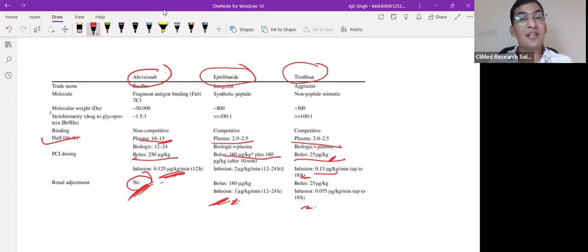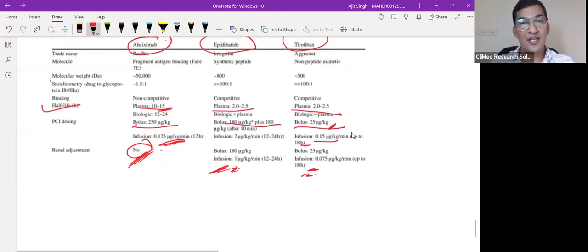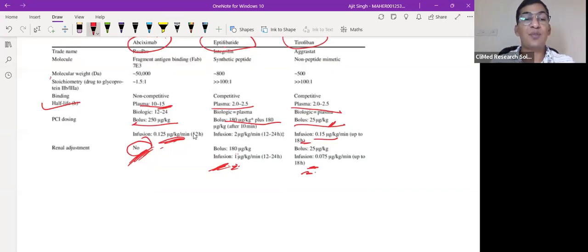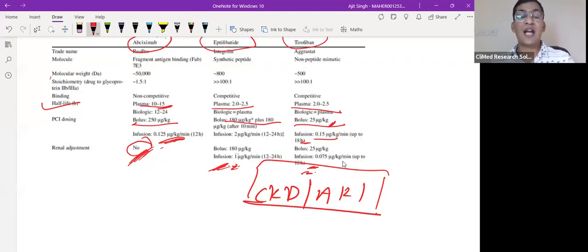One more thing: why do we prefer abciximab over these two when it comes to excretion? In patients with kidney problems, this is very important to learn, guys. In patients with CKD or AKI, we prefer abciximab.